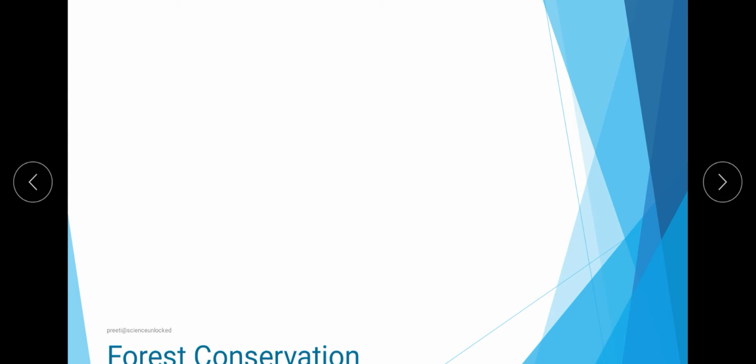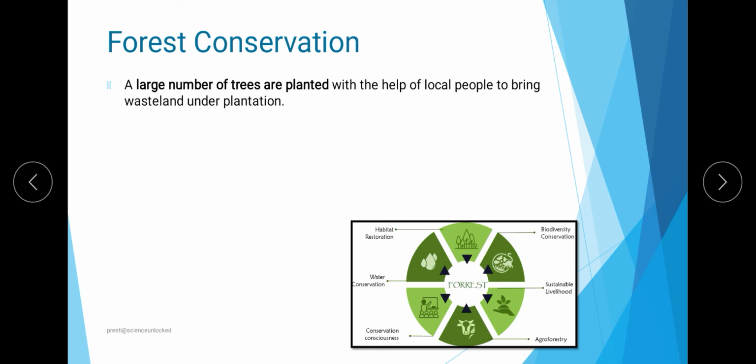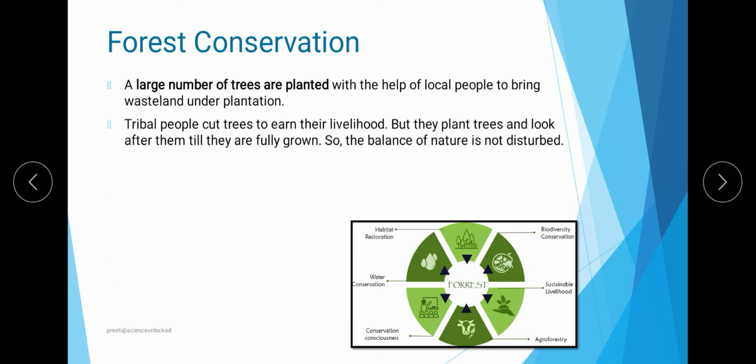So what we can do over here is go for the process of afforestation, where we plant a number of trees in a collective manner and take care of them. We take care of the tribal people as well, because of course it will help them with their livelihood, and we create awareness about the importance of forests and the problems that we are facing because of deforestation.